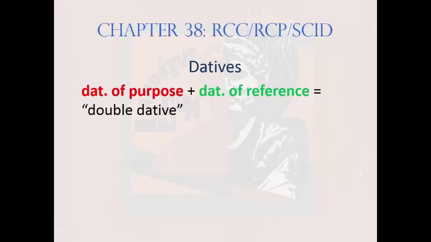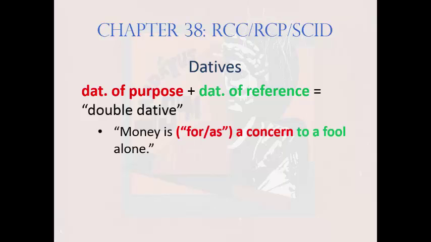And that's the way you'll see it in one of its most important applications in Latin, the double dative, a combination of the dative of purpose and the dative of reference. For example, the way the Romans would have said money is a concern to a fool alone is money is for or as a concern to a fool alone.